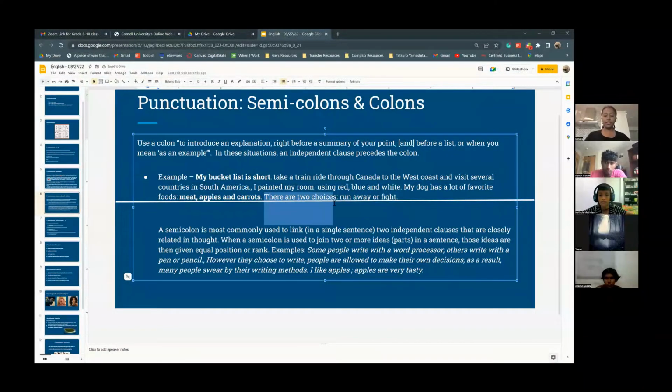So there are two choices will be its own independent clause, and then run away or fight, I guess we could say, is used as a list. But anyways, this is a great way to use a colon in a sentence.